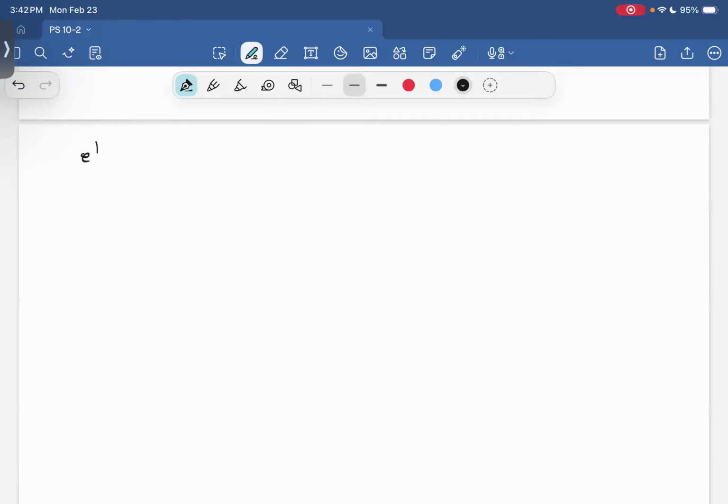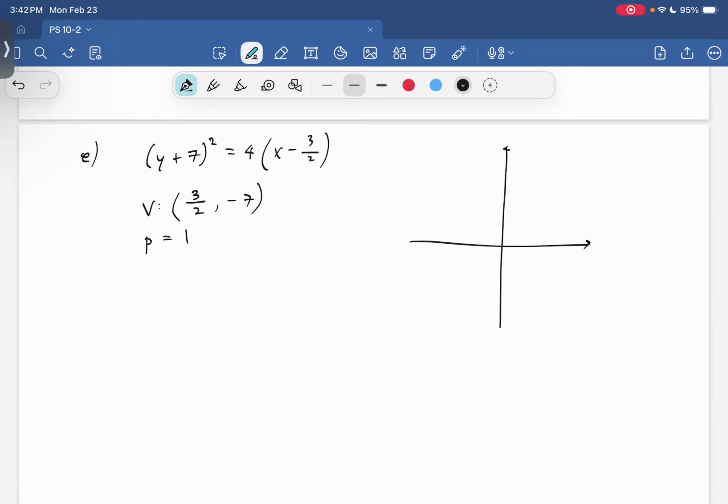Let's do part E. Here we have y plus 7 squared equals 4 times x minus 3/2. It tells us that the vertex is equal to 3/2 comma negative 7. And p is equal to 1 because 4p is 4. Now if we graphed this, 3/2 comma negative 7 is here.